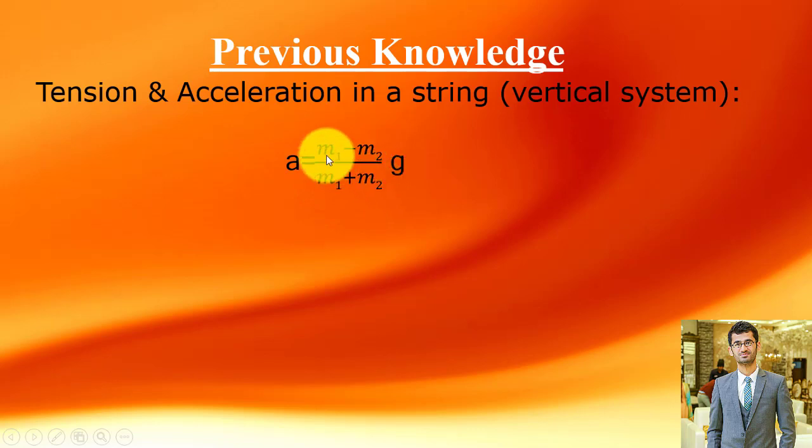Here M1 and M2 are the masses of the objects A and B respectively, and g is the gravitational acceleration.